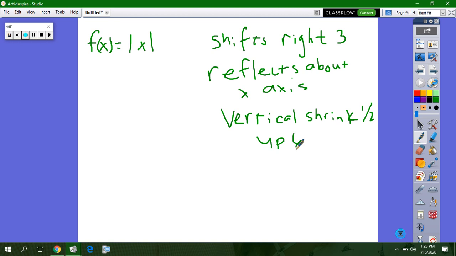Knowing that information, I want you to build the equation.